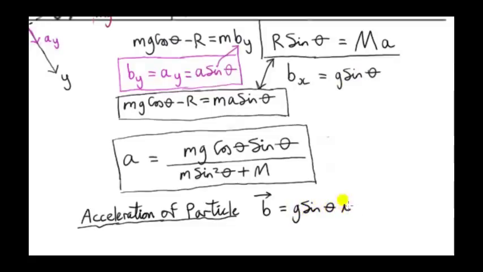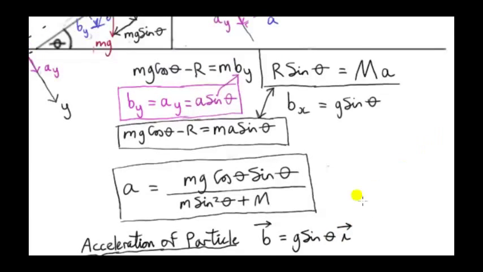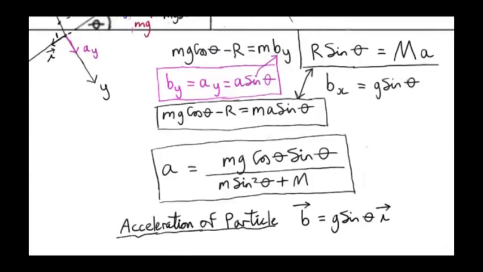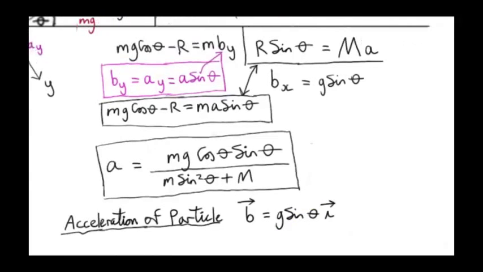So unit vector i is a vector of length 1 but pointing in the positive x direction, so its magnitude is 1. And similarly for the y component, we have by times unit vector j, where j is a unit vector pointing in the positive y direction.